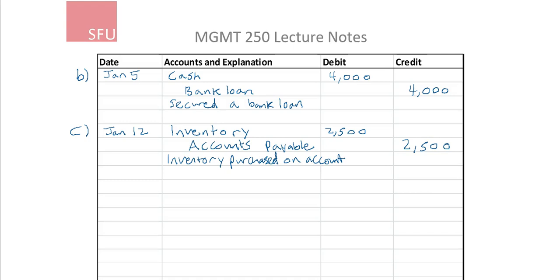So D, we have a customer coming in to buy $1,000 worth of goods on account, and the goods cost us $700. So recall that this is the special entry where we need two journal entries. So starting with D1, January 15th.